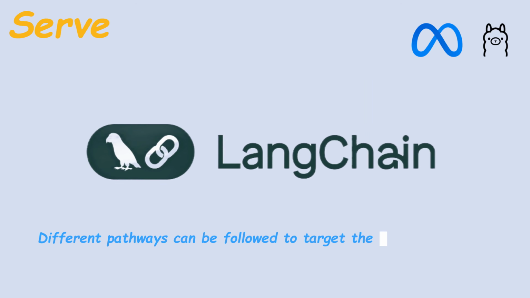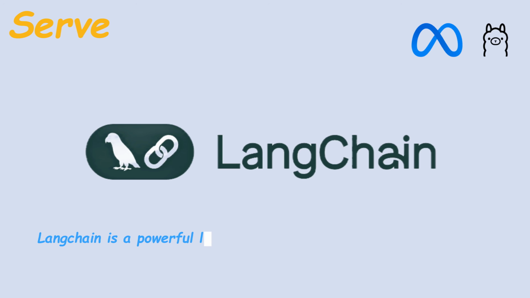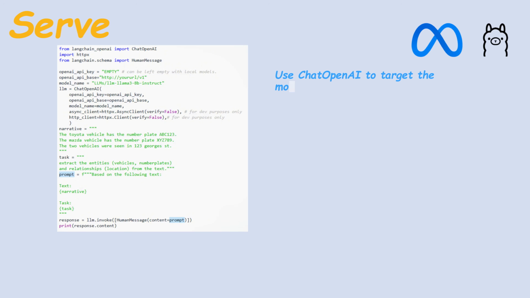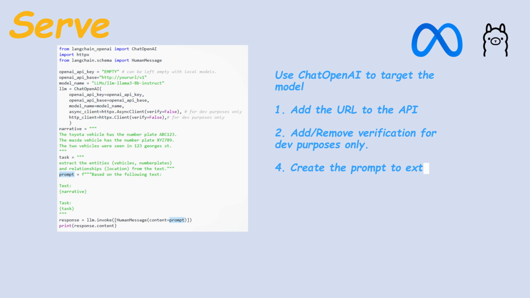One possible approach for targeting the internal APIs is LangChain. LangChain is a powerful library used for building AI-powered applications. Combining it with vLLM means that you can build and deploy apps without going to the external network. Simply download LangChain, then use ChatOpenAI in order to target the model, putting in the URLs, not putting in any API keys here, and adding or removing verification for dev purposes.